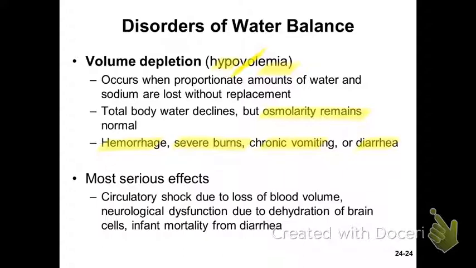If it's not changing in its osmolarity, then ADH would not necessarily be triggered as violently. And the real problem here is you can go into circulatory shock. So you can lose so much blood volume that you're no longer getting blood to the brain. And you're basically going to cause neurological dysfunction.